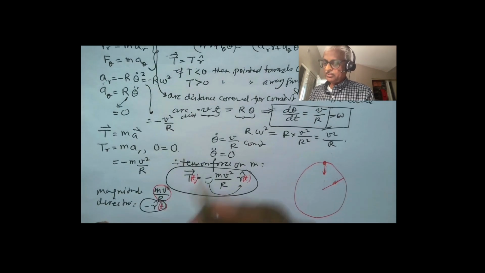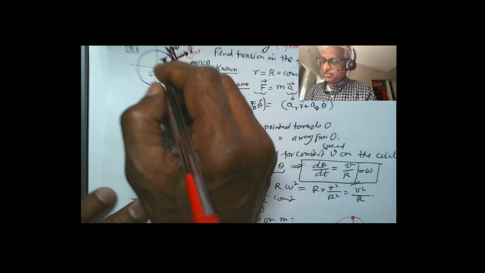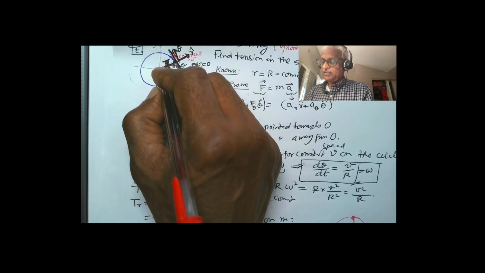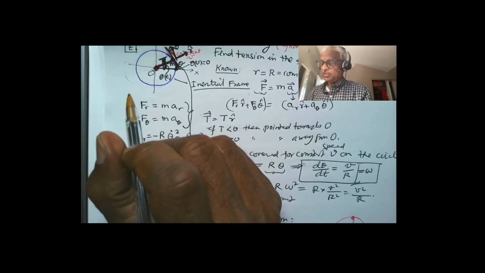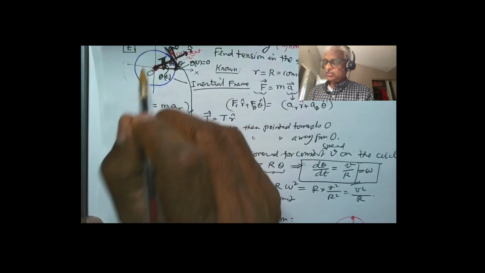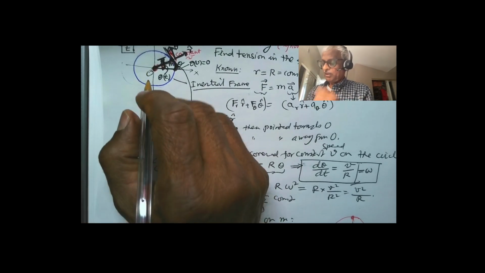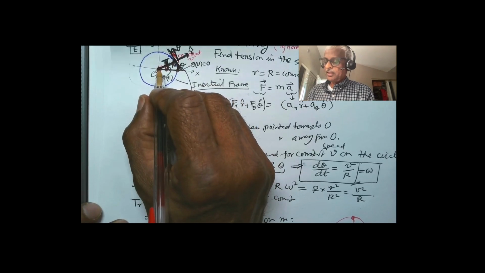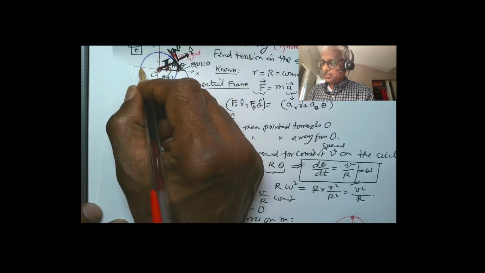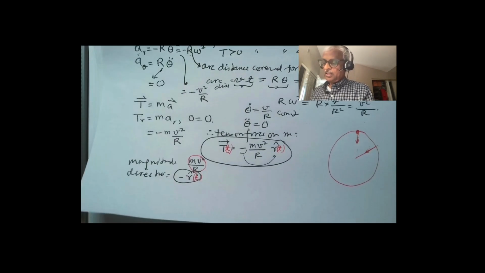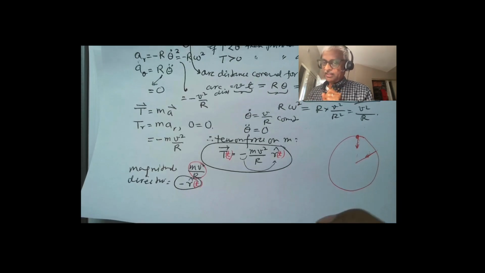Whatever is responsible for providing this tension, maybe a post which is attached, must apply force in different directions at different times. So it's not a constant force. It has a constant magnitude, but varies in direction.